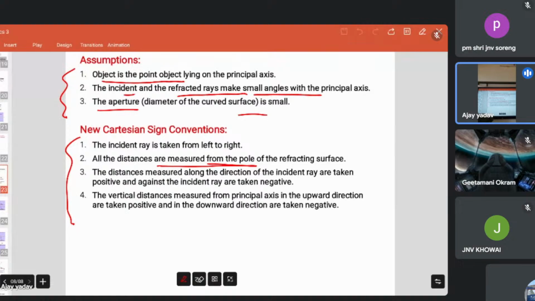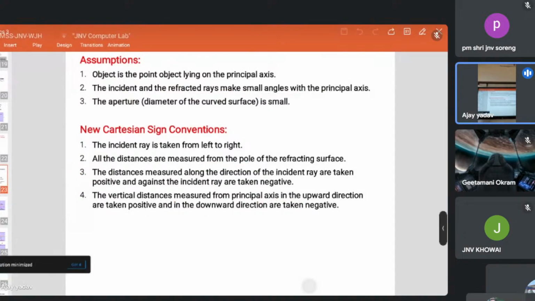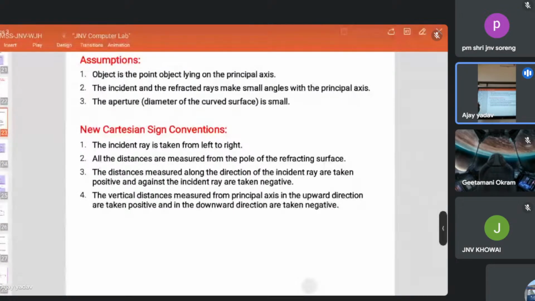Third, the vertical distance measured from the principal axis in the upward direction, as we discussed yesterday, we take as positive, and the downward distance we take as negative. So these are the sign convention and some assumptions. The assumption is that the object is a point object, and the angle theta is small because the rays are paraxial.